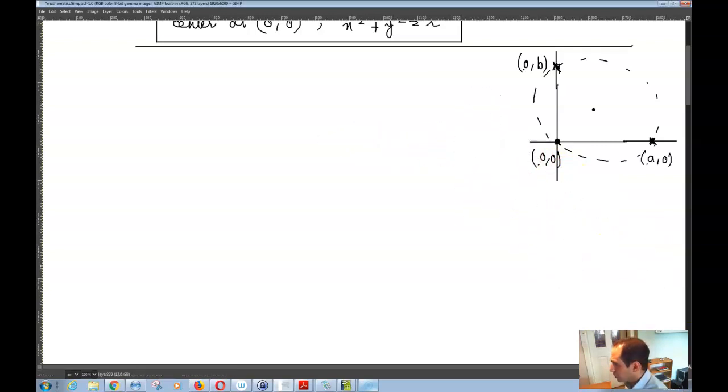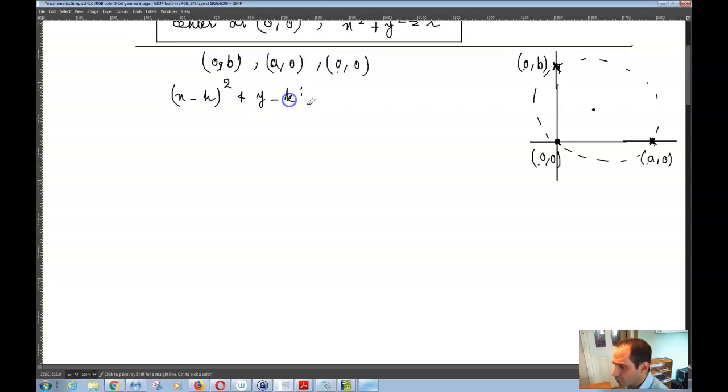Since you know that your circle goes through the points 0, b, and a, 0, and 0, 0, you know that the equation of a circle is x minus h whole squared plus y minus k whole squared is equal to r squared.